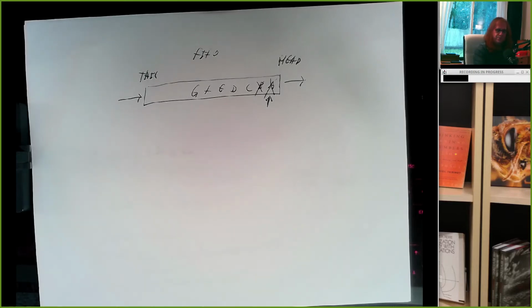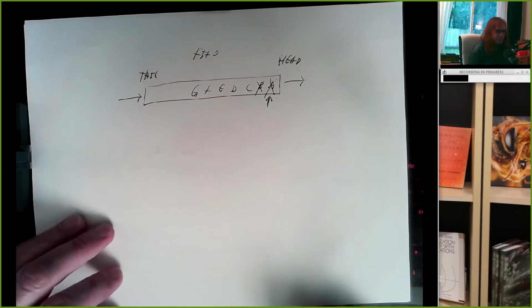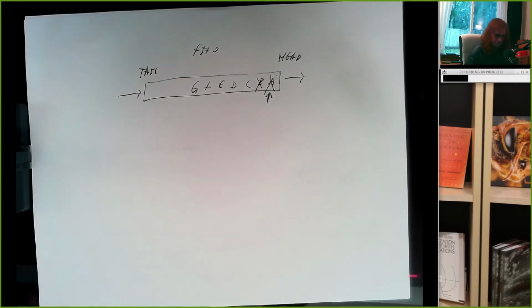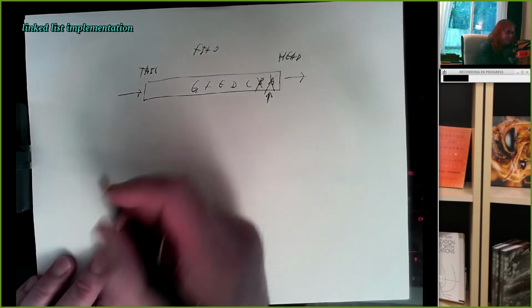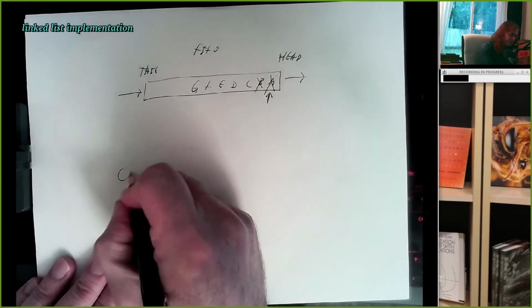All right, so I believe we talked about how to implement this. We were talking about how to implement this with a linked list. So let me finish up that. So imagine a Sentinel node.